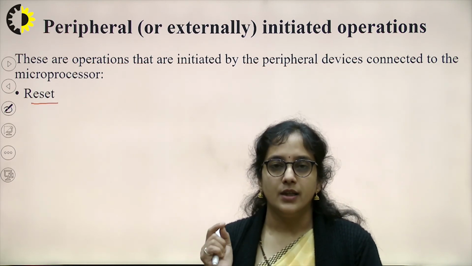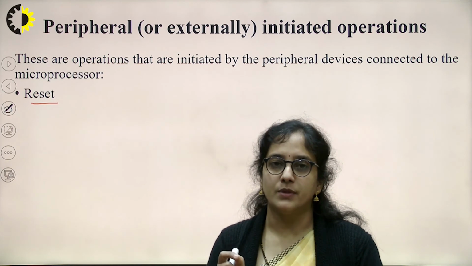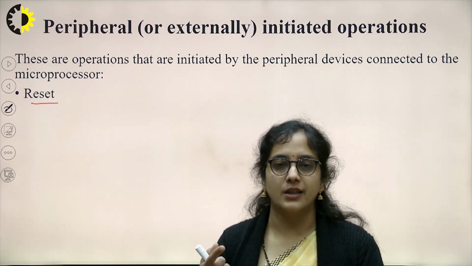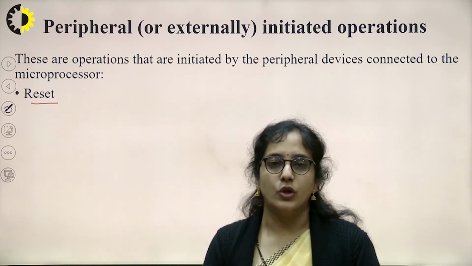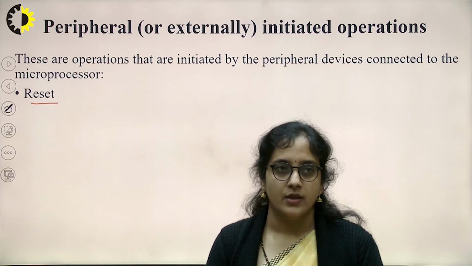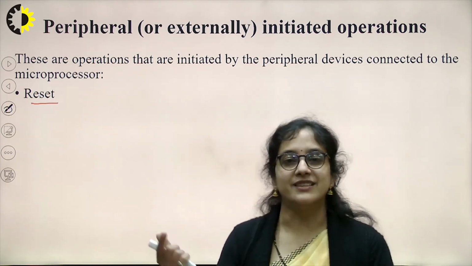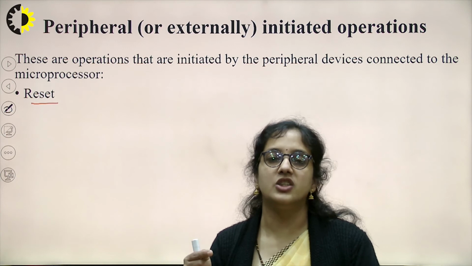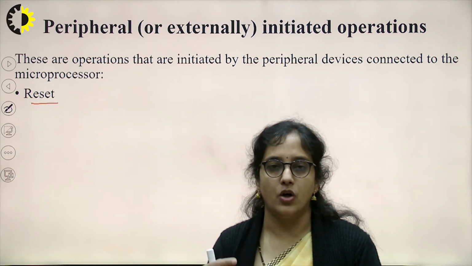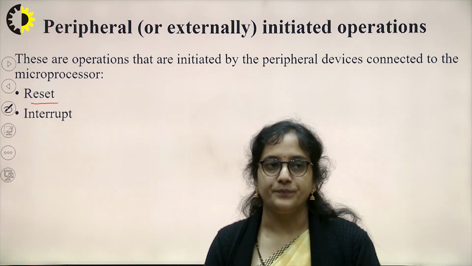So, we have one push button, we push that button and our system gets restarted. It will ask for rebooting of our system. So, this restart is an external initiated operation. It is initiated by a user or external device.